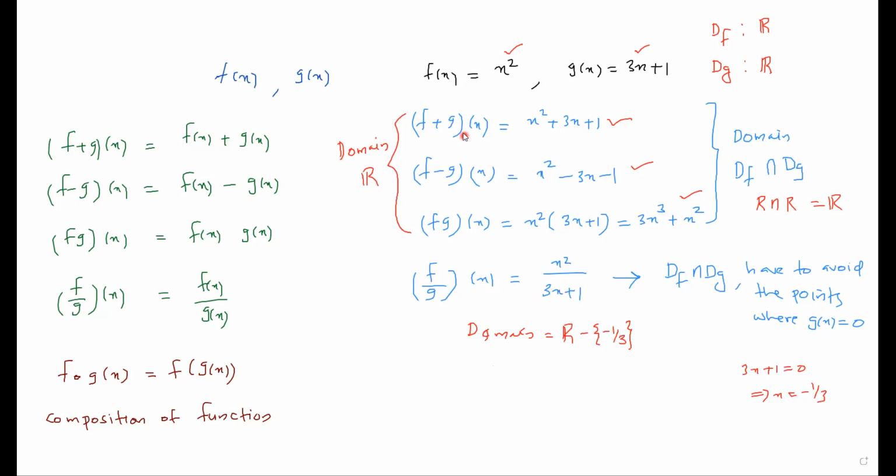So the domain of the new function is nothing but the intersection of the domains of the two given functions. In the quotient of two functions, you additionally have to avoid the point where the denominator is equal to 0. Okay, that's all.